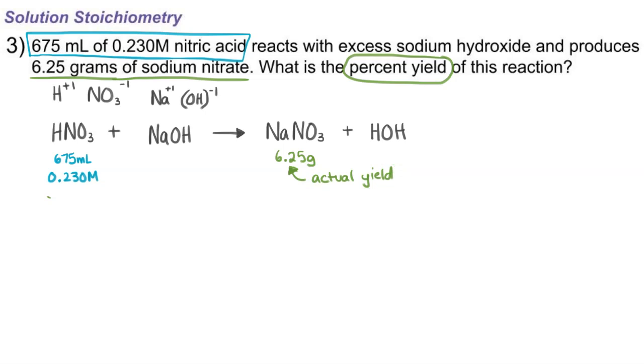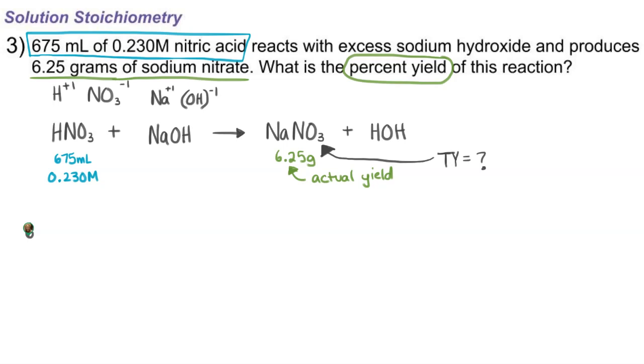So let's start by calculating out the theoretical yield of sodium nitrate, and I'll write theoretical yield equals question mark for sodium nitrate. So that's what we need to calculate out, is what is the theoretical yield, so then we can calculate our final answer, which is the percent yield. So we'll start with the 675 milliliters of 0.230 molar nitric acid.